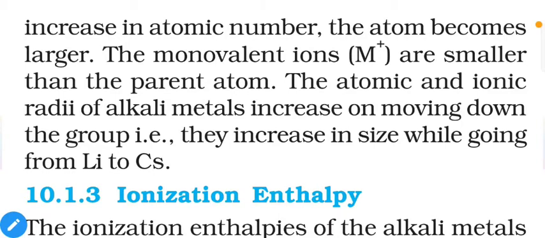The atomic and ionic radii of alkali metals increase on moving down the group. That is, they increase in size going from lithium to cesium. Now in most cases you won't find discussion about francium because, as mentioned, it is highly radioactive and has a very short lifespan, so we do not have enough compounds to study.